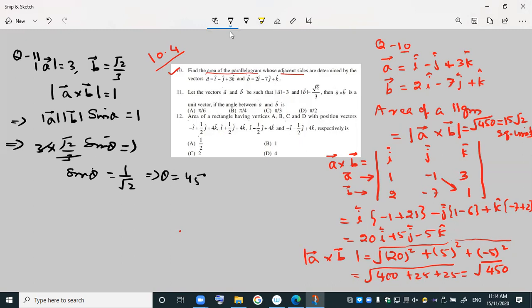Now, area of a rectangle having vertices A, B, C, D with position vectors. So rectangle, again we have to use the area of a parallelogram. So A, B, C, D means here you have given OA, OB, OC, OD. Okay.